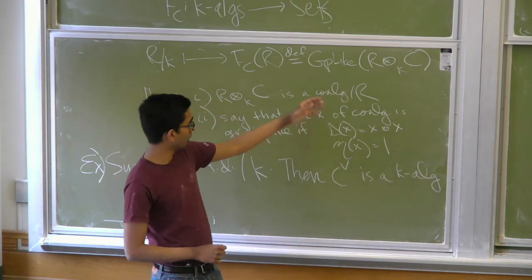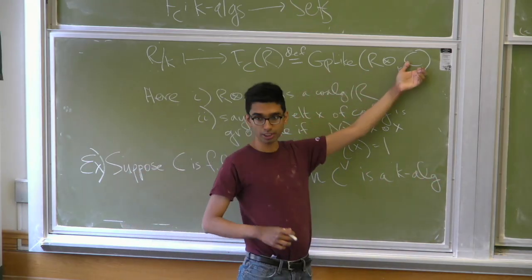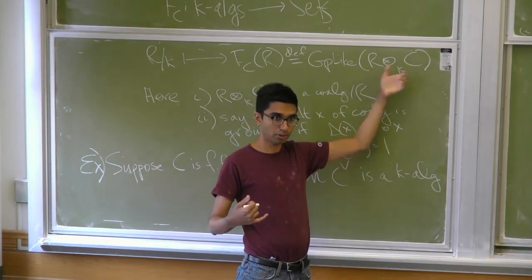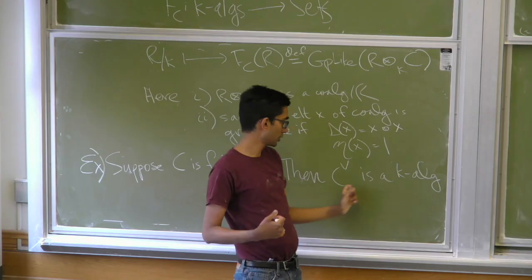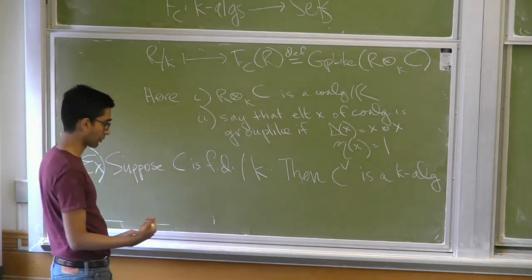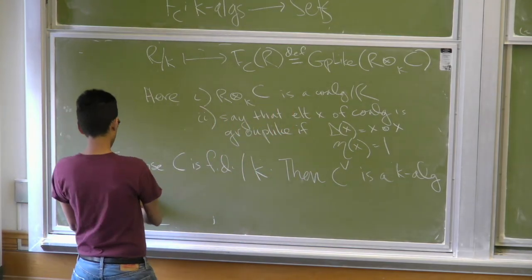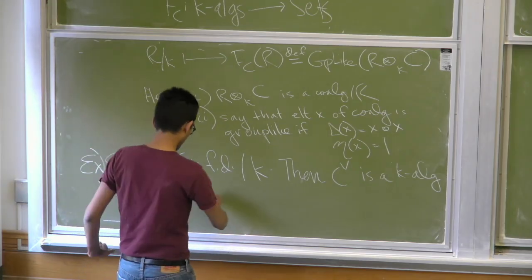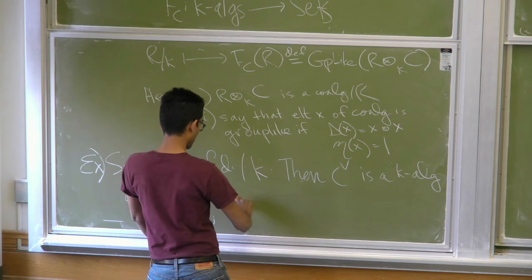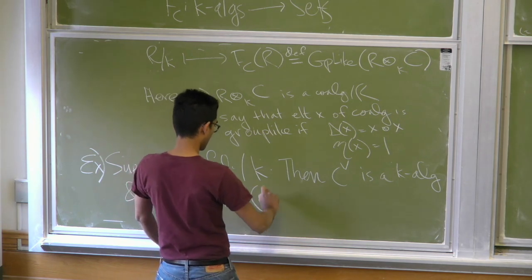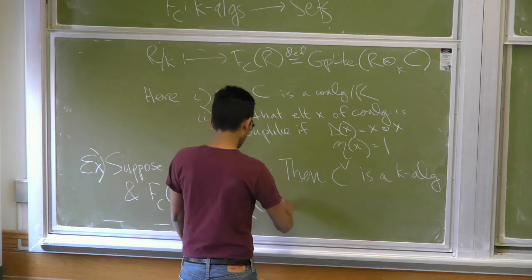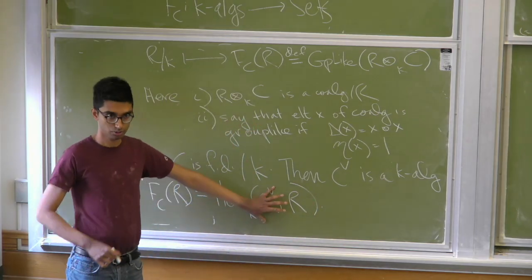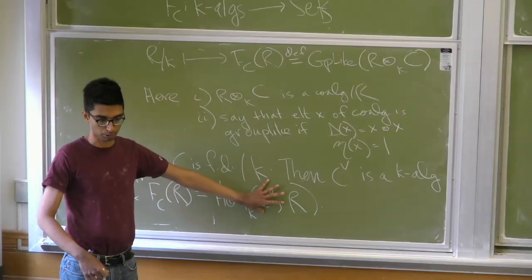R tensor with C is the same as K-linear maps from C dual into R. Then this condition of being group-like translates to the fact that a map is a homomorphism. So F sub C of R is co-representable, namely it's K algebra homomorphisms from C dual into R.